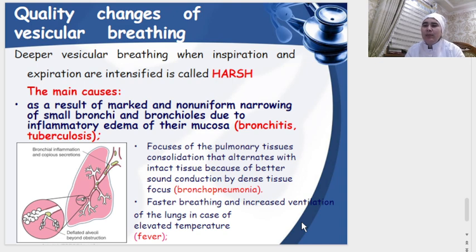Then foci of pulmonary tissue consolidation that alternate with intact tissue, because of better sound conduction by dense tissue, as in focal bronchopneumonia. Also faster breathing and increased ventilation of the lungs in case of elevated temperature in fever.